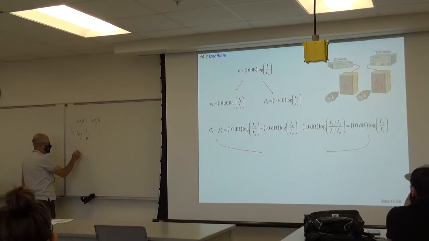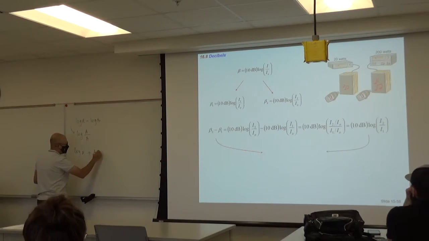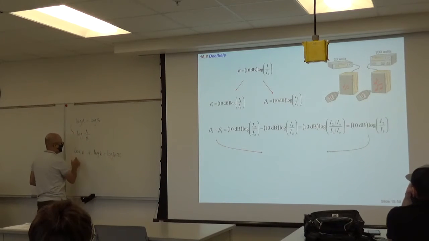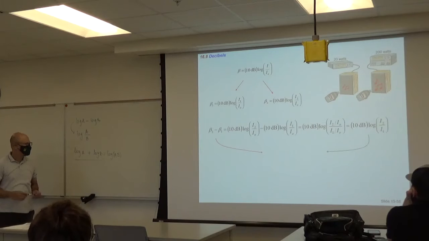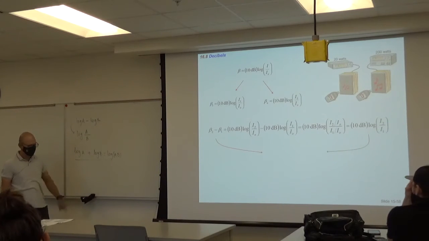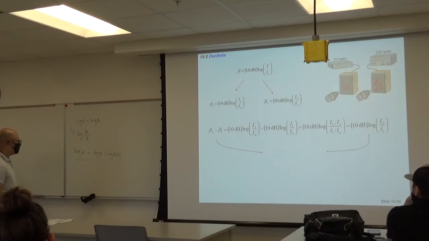Likewise, if you have log A plus log B, this becomes log A times B. That's the rule. So the sum of two logs gives log of the product.